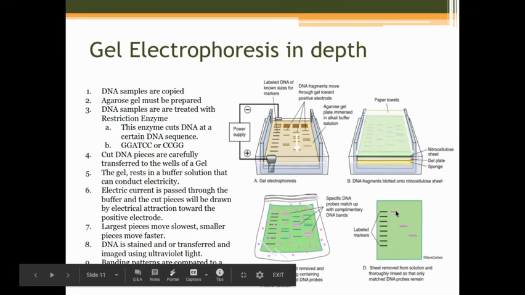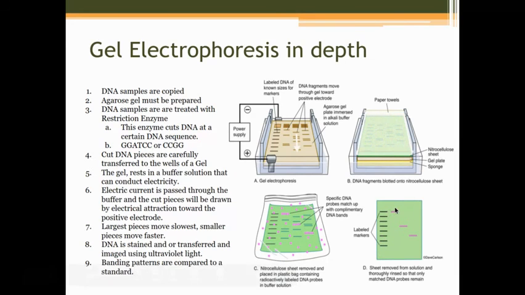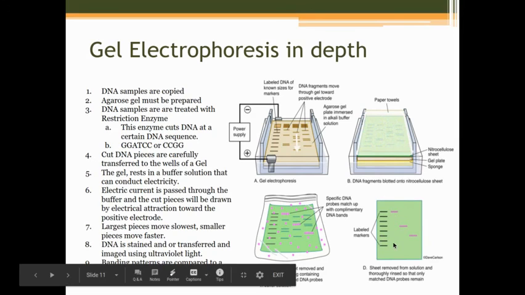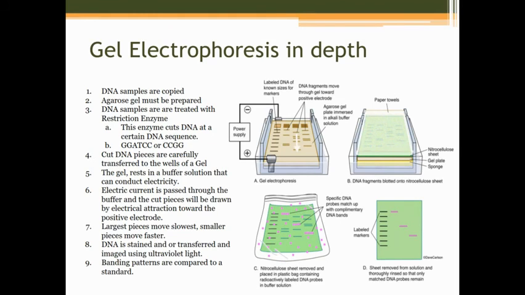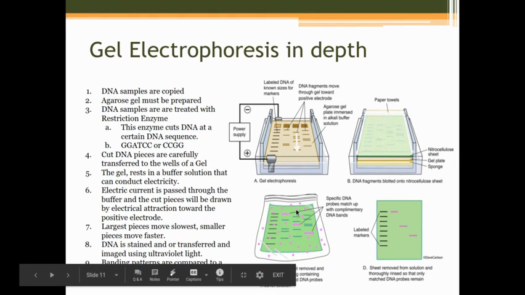Now, you have the standard row, right? And then you have your comparison row. If this is a criminal investigation, you might have the blood from a crime scene in this first row after the standard. And then following that, you might have your potential suspects who you've collected a DNA sample from.